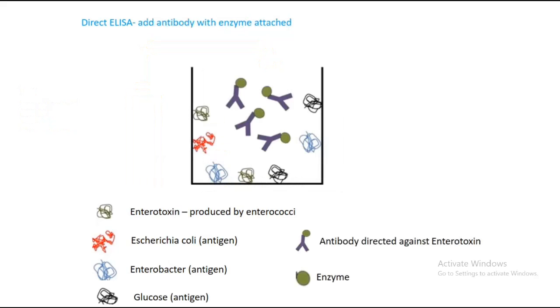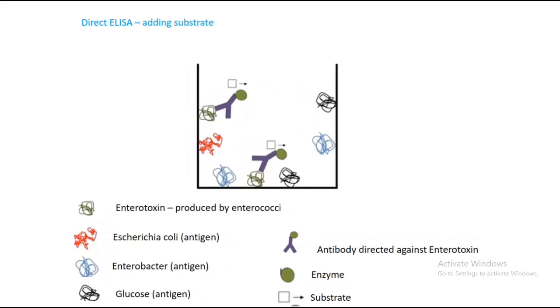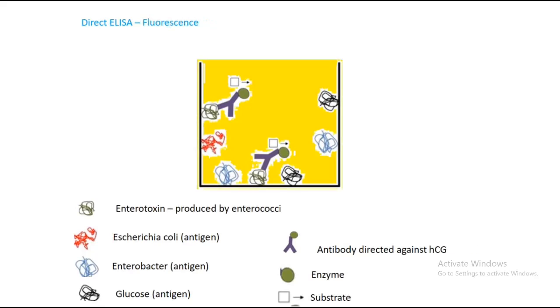And what happens then is you add a detection antibody with an enzyme attached, which is directed against enterotoxin, and it subsequently binds to the enterotoxin. You then wash away the excess unbound detection antibody, and then you add your substrate. Substrate reacts to the enzyme and you get a color change.